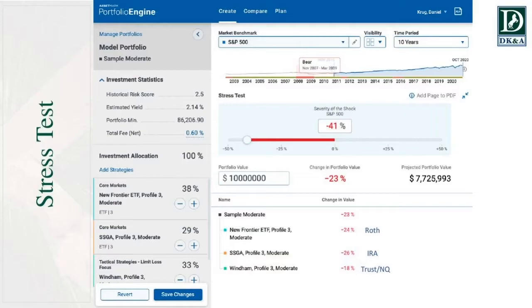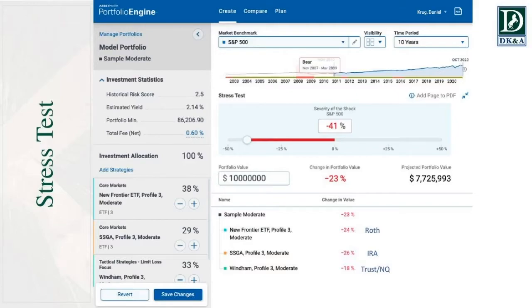How would this portfolio respond? Right below that slide bar, you see the change in investment of this portfolio. As a moderate portfolio, you wouldn't expect it to go down 41% because it's not aggressive. And we all know the S&P 500 is all equity, so it's an aggressive portfolio.